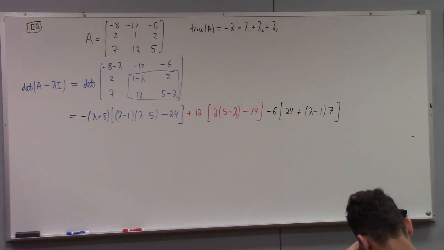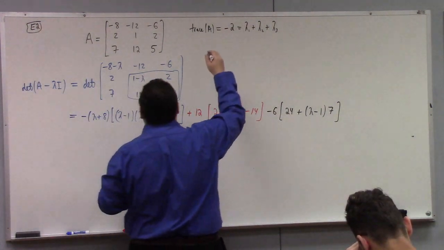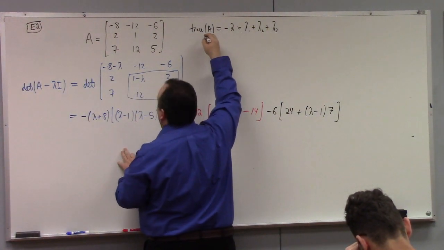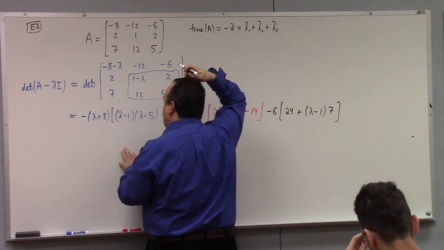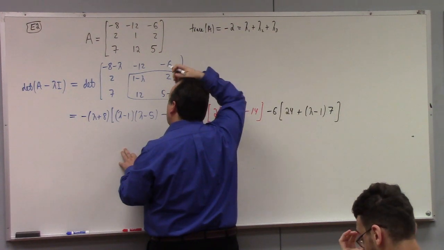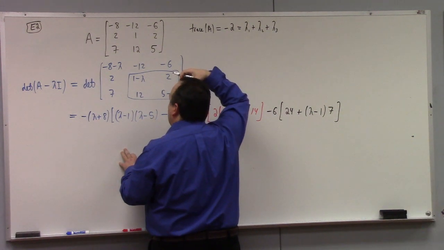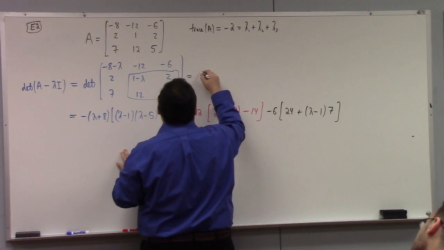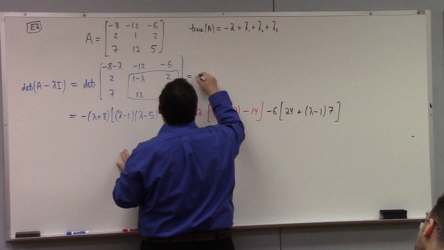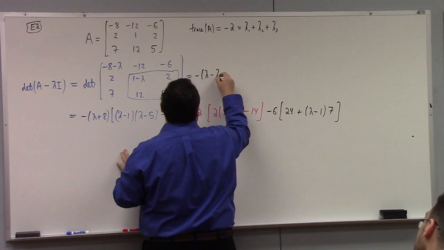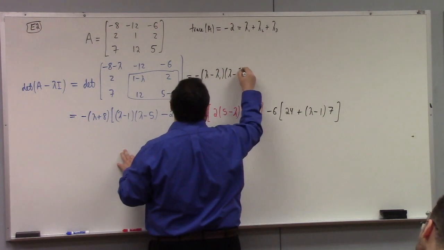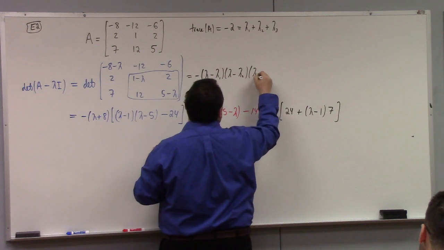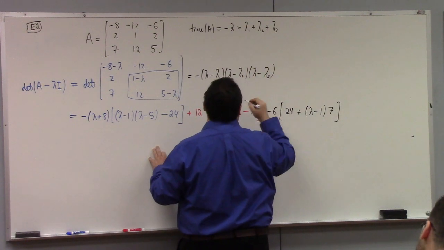The determinant of A, let's see here. If you think about this, this is going to be minus lambda minus lambda 1, lambda minus lambda 2, lambda minus lambda 3, right?